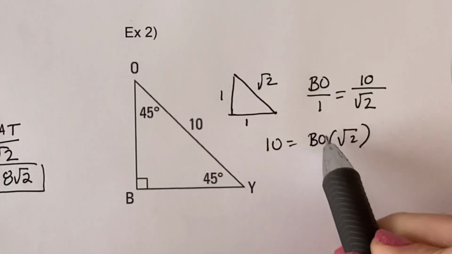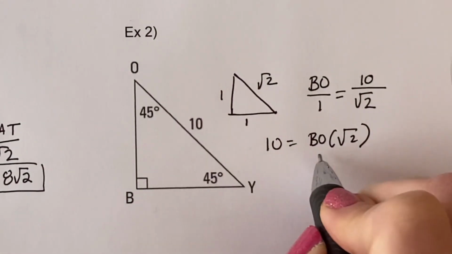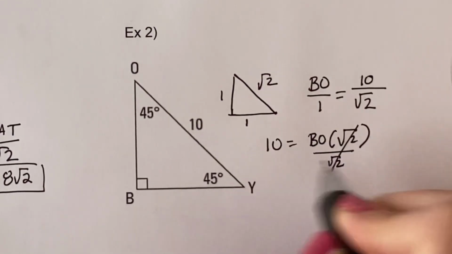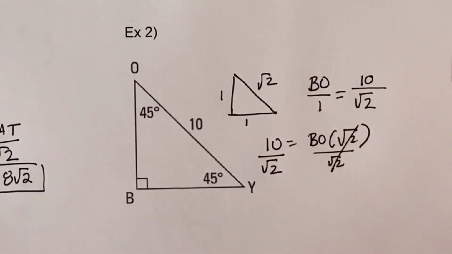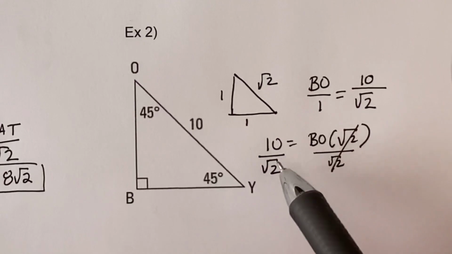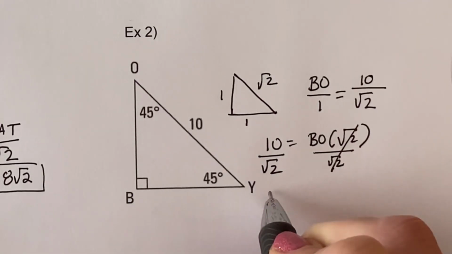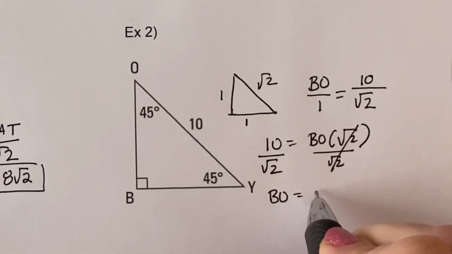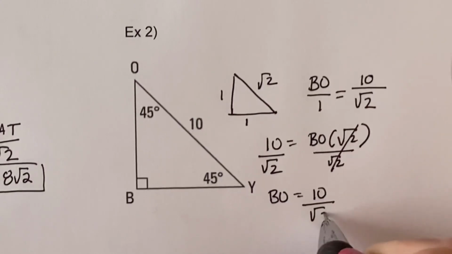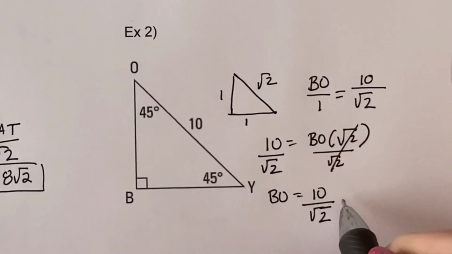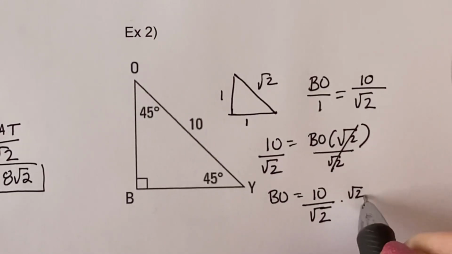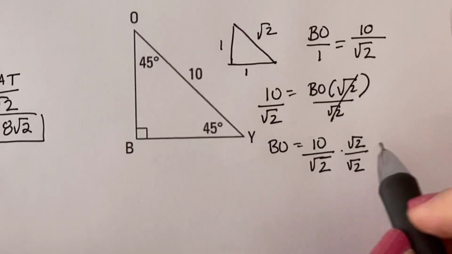I'm trying to solve for side BO, so I'm going to divide by the square root of 2. They cross cancel. And I have BO is 10 divided by the square root of 2. Now, I do not want to have an irrational number in my denominator, so I'm going to rationalize my denominator by multiplying it by the square root of 2 over the square root of 2 using the identity property.